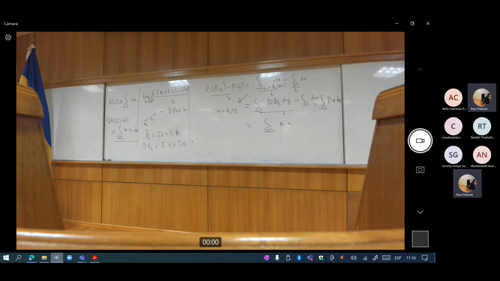So the moral is that in general you expect the shape derivative only to depend on the normal component of the vector field, and you should be able to write it as a boundary integral. Okay, so this is what one tries to do in any shape optimization problem.